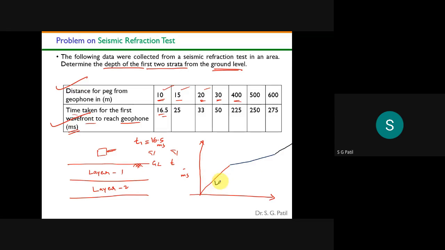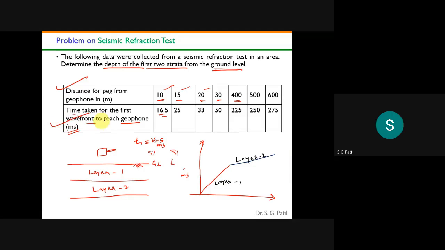This is layer 1, this is layer 2, and this is layer 3. Like this, 3 layers you will get. Since in the problem itself they have given only 2 layers, you restrict to only 2 layers.